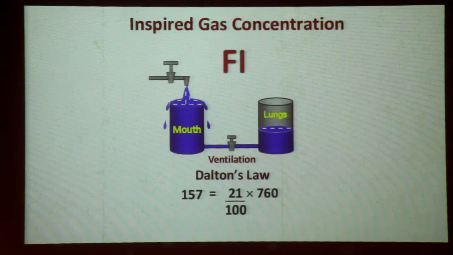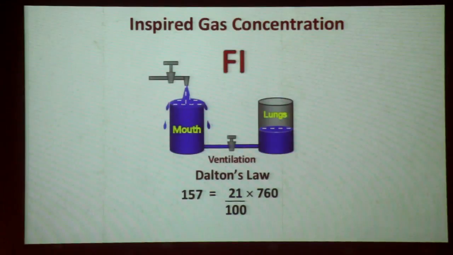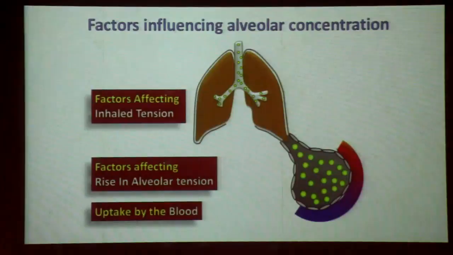So for oxygen, if it is 21%, it will be 21 upon 100 into 760, and you will get the partial pressure as 157 millimeters of mercury. Right? So that is how the concentration is transformed into partial pressures, and these are the partial pressures which play a role inside the body, not the concentrations anymore.